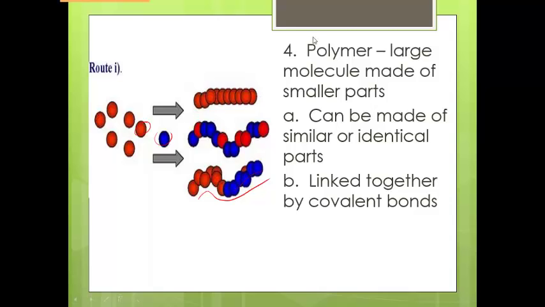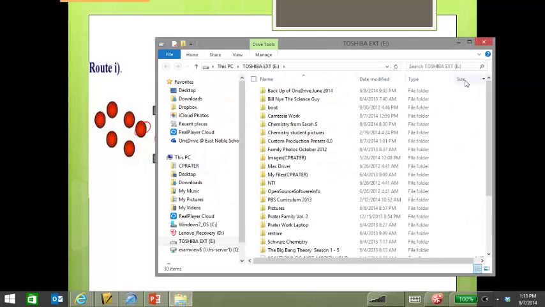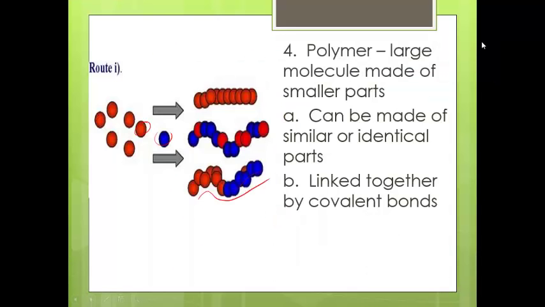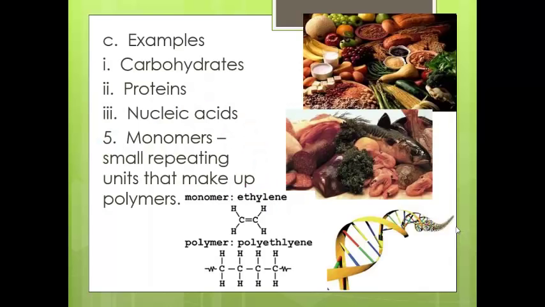So there's a huge variety that you can have when it comes to a polymer because they're made up of those smaller parts. And you can link them together by bonds, chemical bonds.